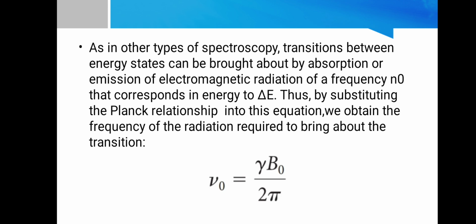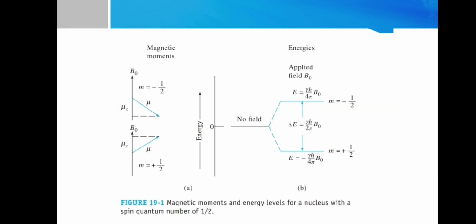It is given by the formula. So this is the figure which describes the magnetic moments and energy levels for a nucleus with a spin quantum number of 1/2. So each characteristic is described very beautifully.